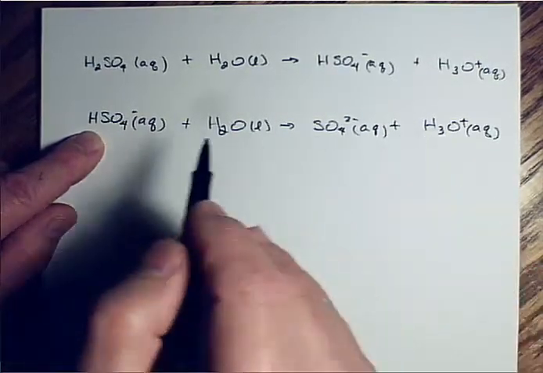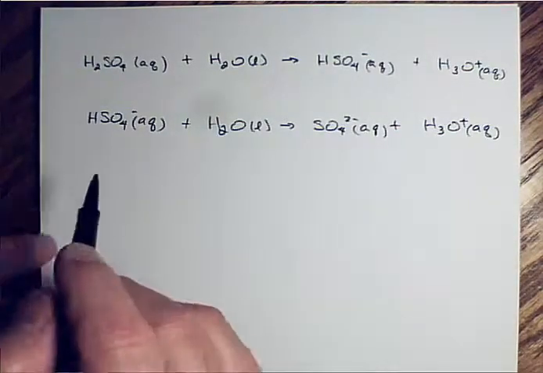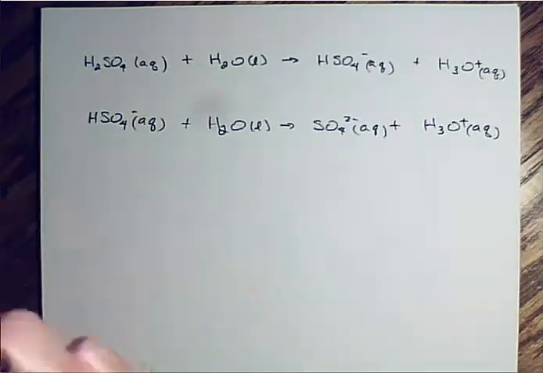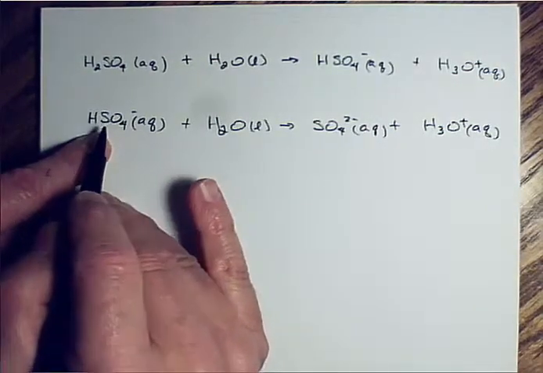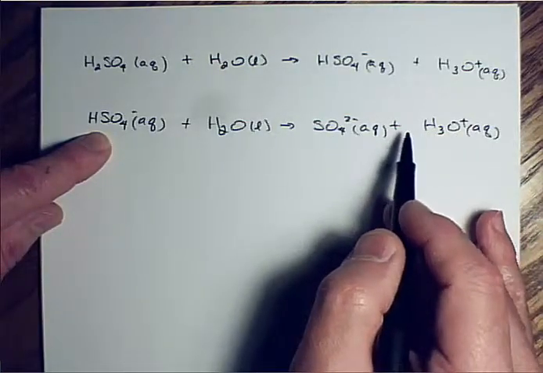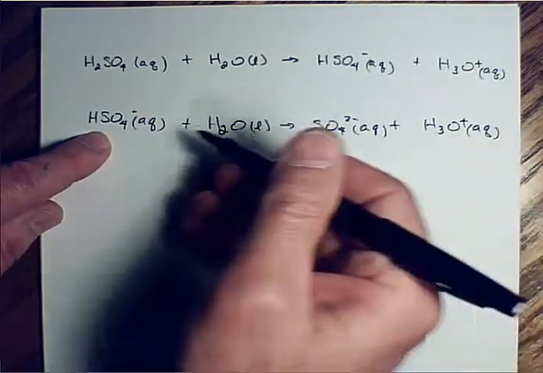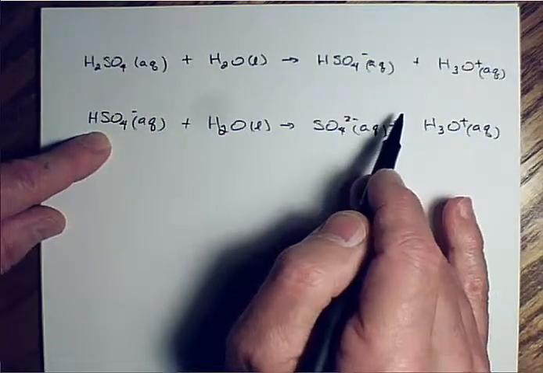So in a weak acid system, we've got an equilibrium going on, which means there's a point at which this acid has broken up enough that we've got enough of this stuff in the solution, and the rate at which these are reforming over here is equal to the rate at which these are breaking up over here.